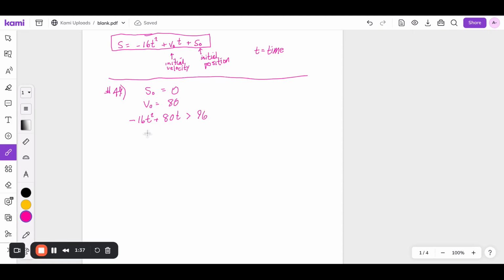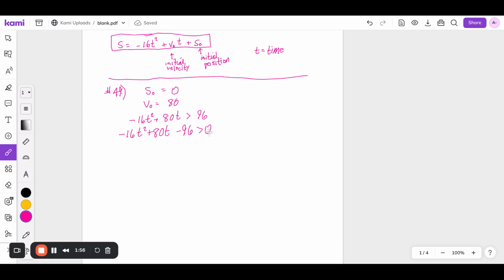All right, so then we have to take the 96 to the other side. It's a quadratic. And notice I didn't put anything in for S sub 0 because that value was 0. Okay, and that's why I stopped here.